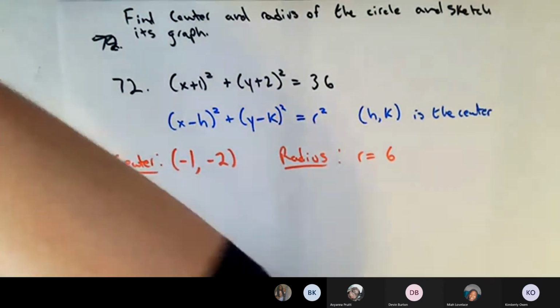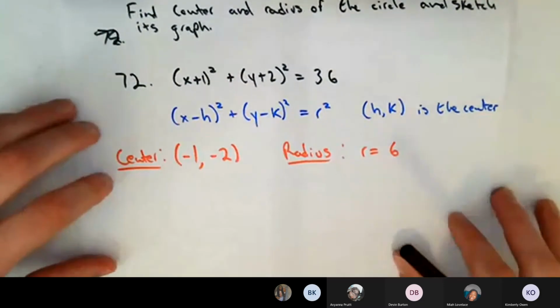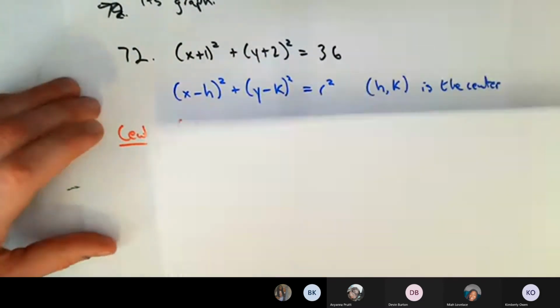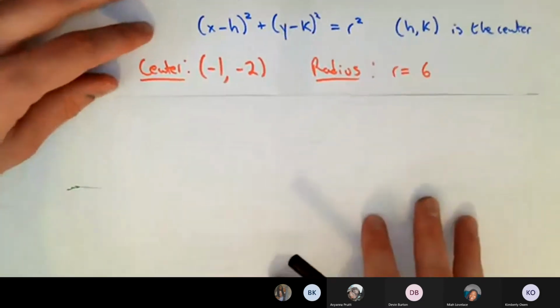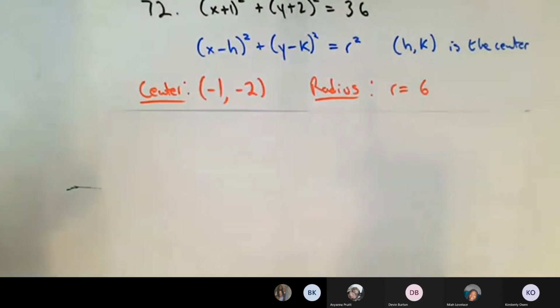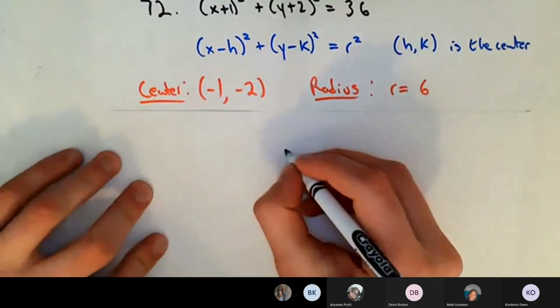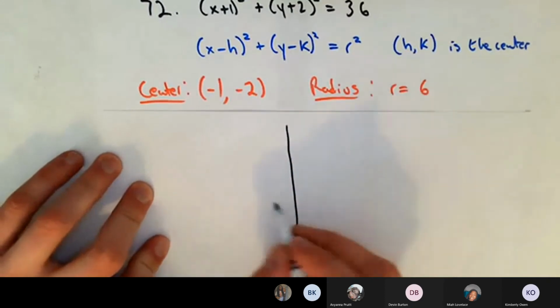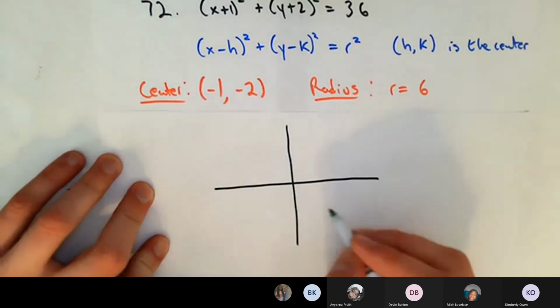Now, when I sketch this, okay, let's see. I'm going to need a fairly large graph just because it's a pretty big circle, radius 6.